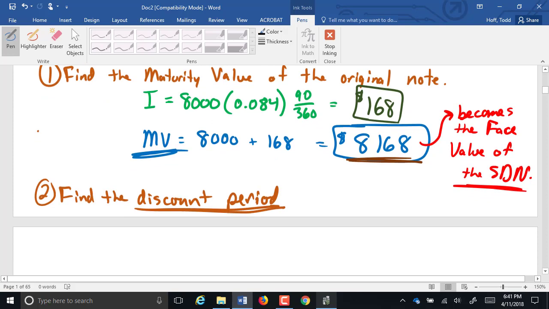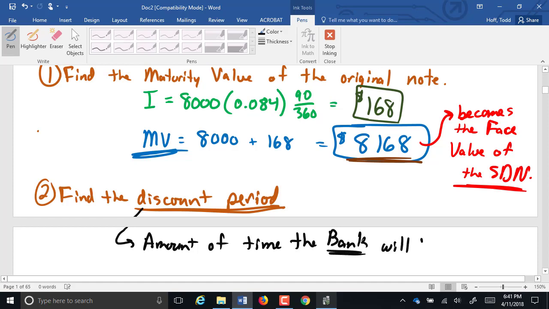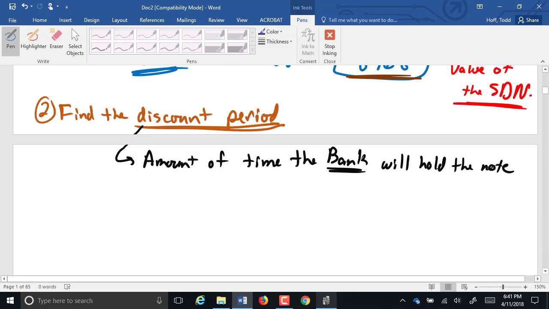The definition of discount period is the amount of time the bank will hold the note. In other words, it is the number of days left until maturity.